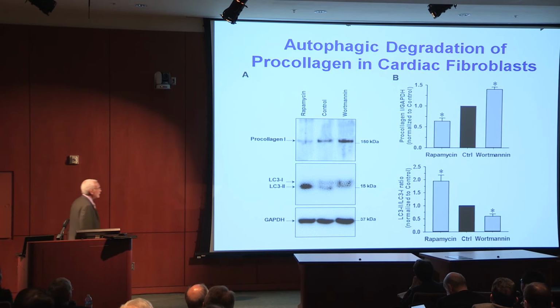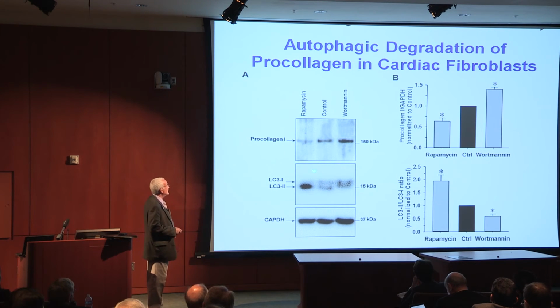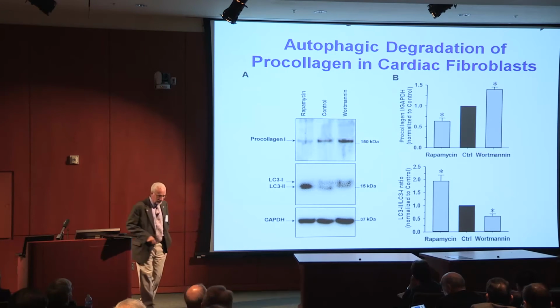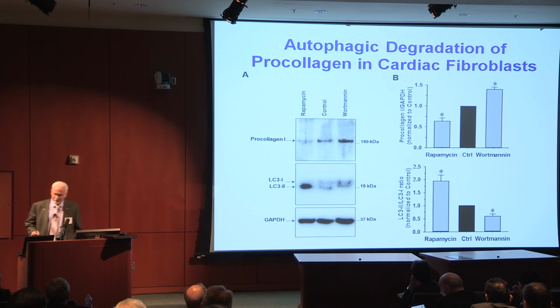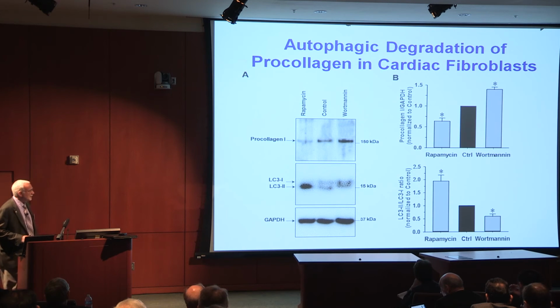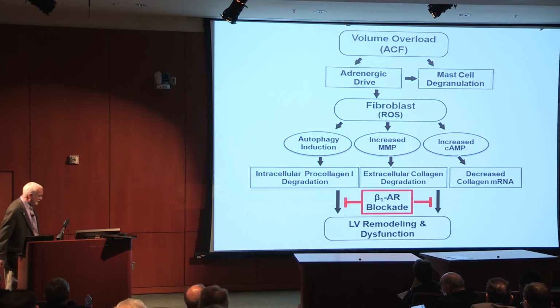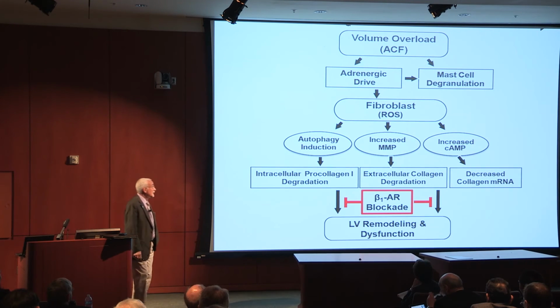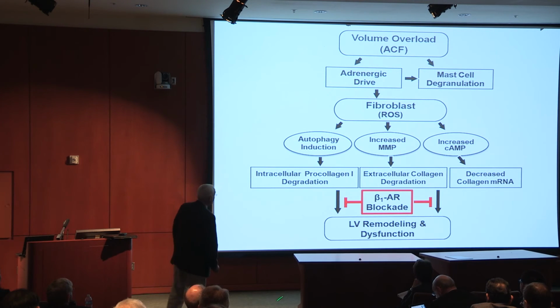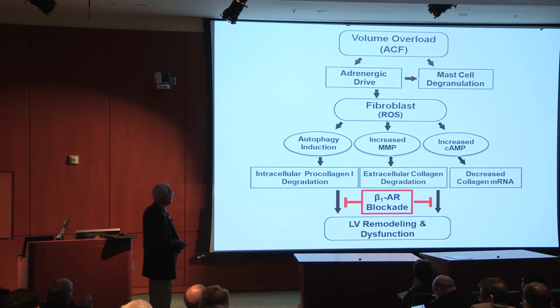And what we're proposing is that this increased autophagy, when you take a fibroblast and give it rapamycin to turn on autophagy, the procollagen is actually degraded within the fibroblast. And when you give wortmannin, which inhibits autophagy, the procollagen increases, which is exactly what we saw when we took the fibroblasts out of the animals with ACF. So we're proposing a new paradigm here of increased adrenergic drive.